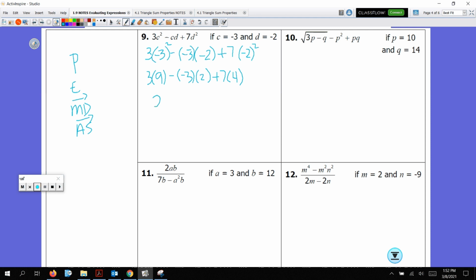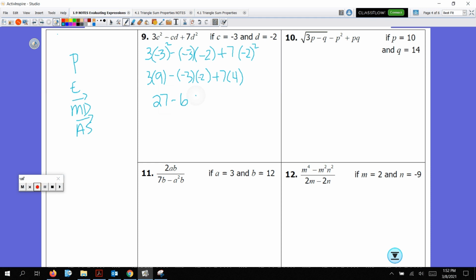So 3 times 9 is 27. Oh, and I forgot this negative in here. Oh gosh, those negatives, they will get you, I'm telling you. Then I have minus, we can go ahead and multiply negative 3 times negative 2 and get positive 6.